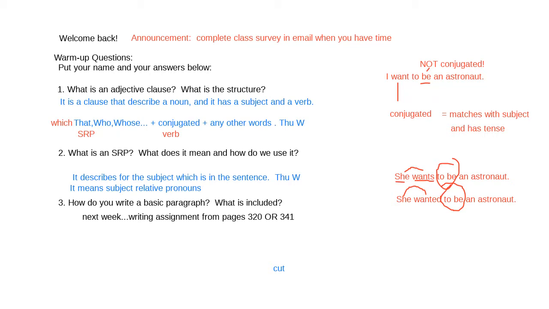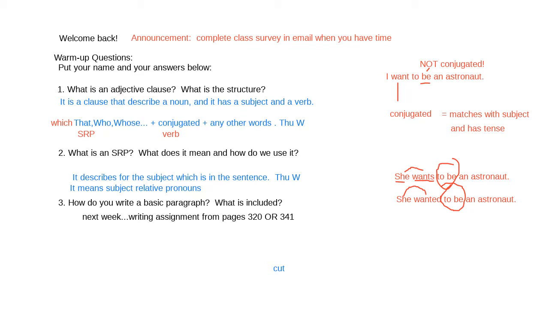If it connects with the subject, then it will be conjugated. If it has a tense, it will be conjugated. I need to give you some examples, probably. Cut may be irregular.